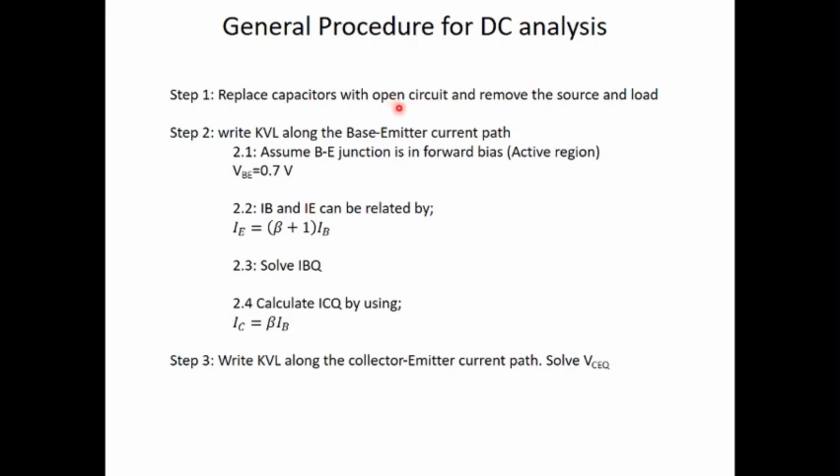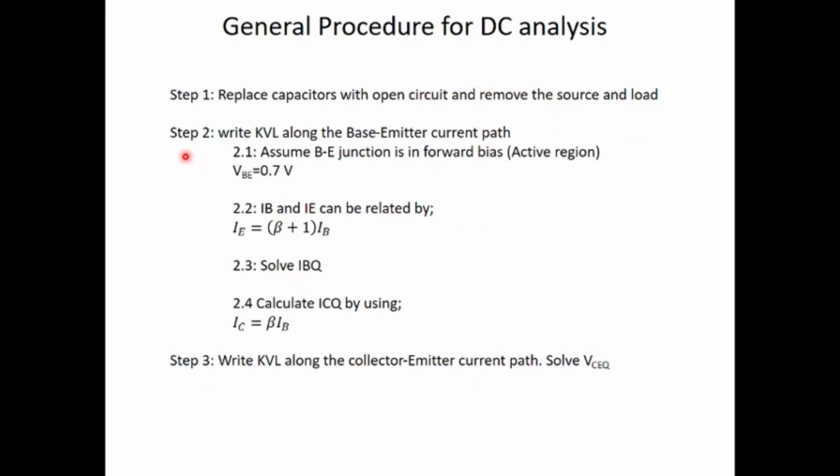Then you may find that some part is not connected to the amplifier, so you can remove the source and the load. So we'll only have this amplifier circuit only.